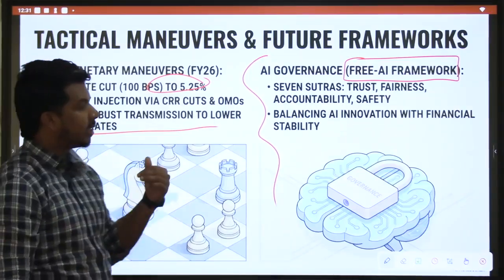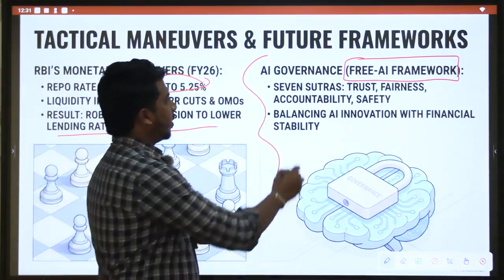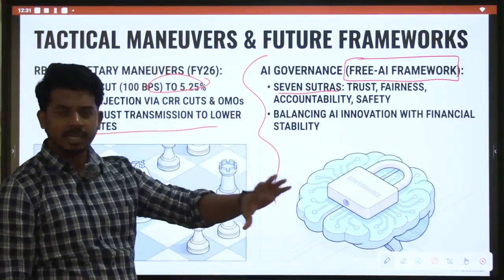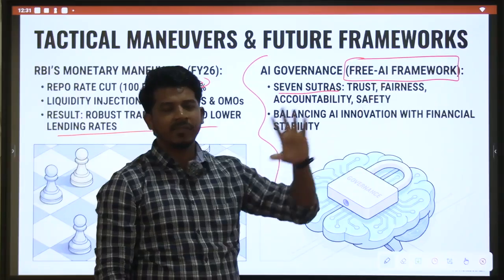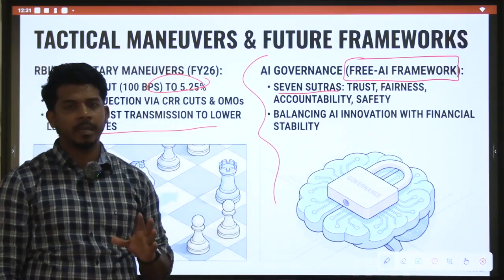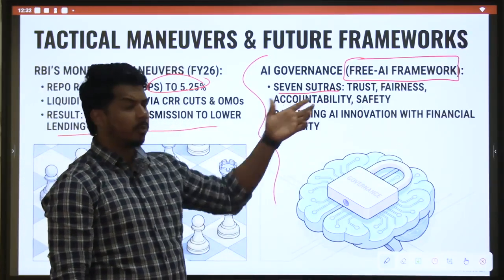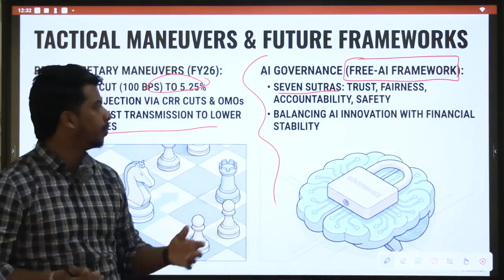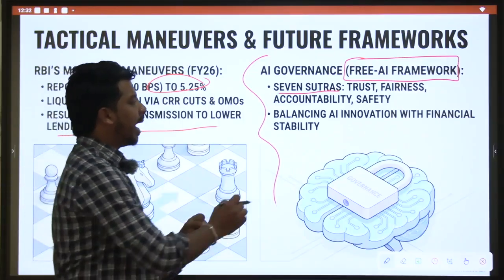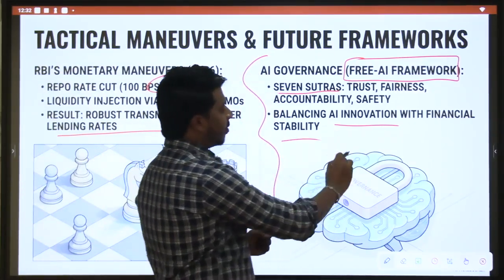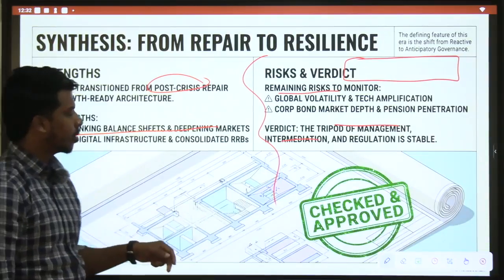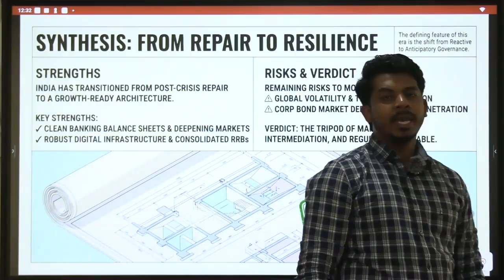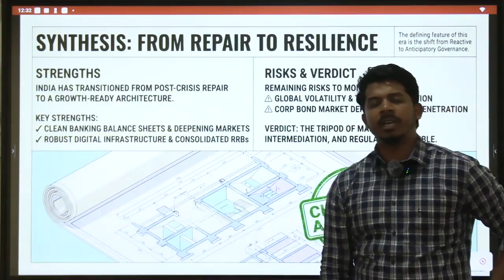RBI has set seven sutras, seven rules, on how there should be trust in the system, fairness, etc. Read about the FREE-AI framework of RBI. It can be important for prelims and mains. It is related to RBI, to balance AI innovation with financial stability. These are the measures RBI is taking for the betterment of our financial system.